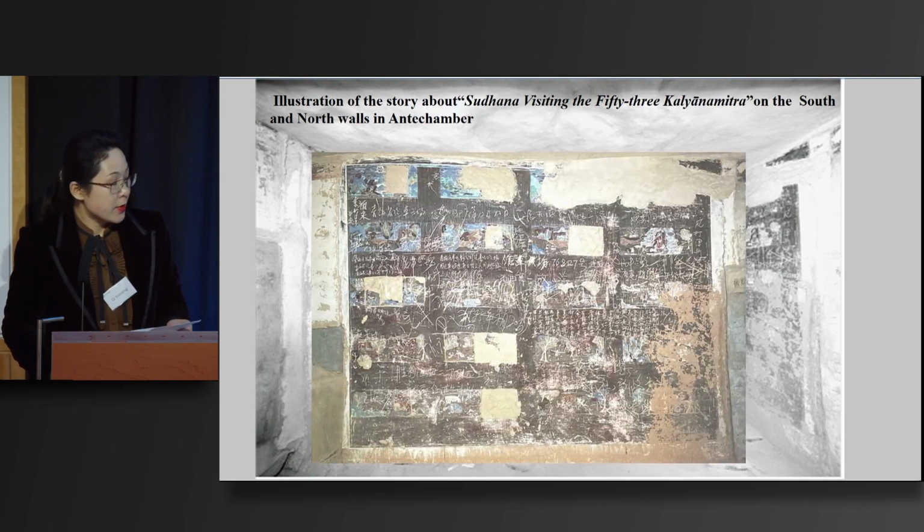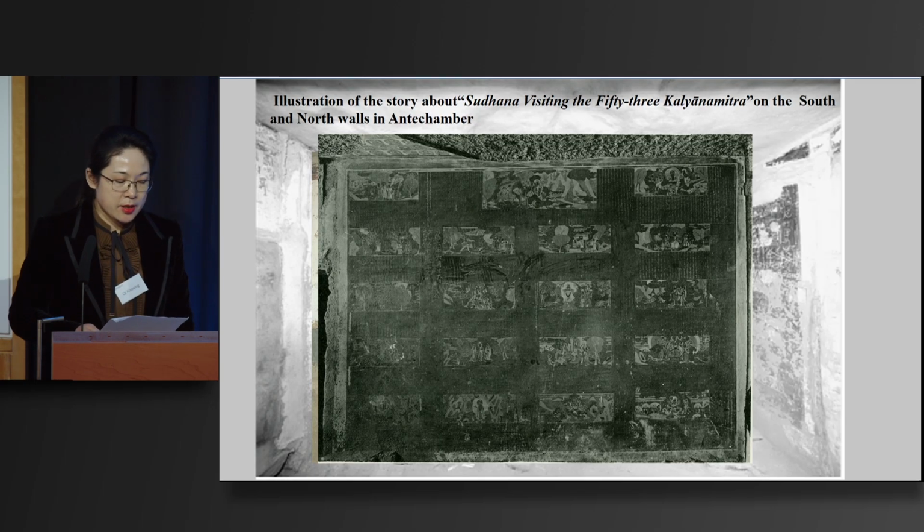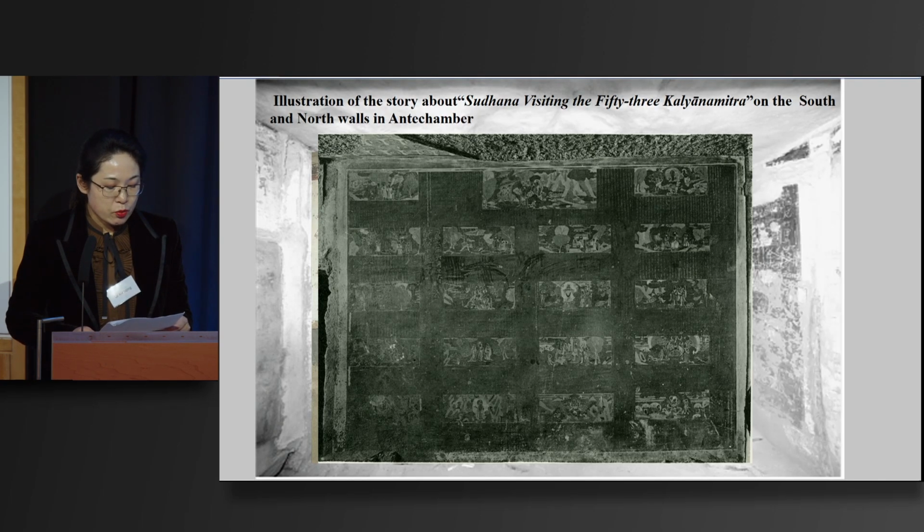Fortunately, some black and white pictures taken by Paul Pelliot provided us with clearer images. There are 5 rows from top to bottom with 4 squares in each row, making a total of 20 squares displayed on either the south or north wall. But there are actually 19 squares on the south wall because the top middle 2 squares have been merged into a bigger one.